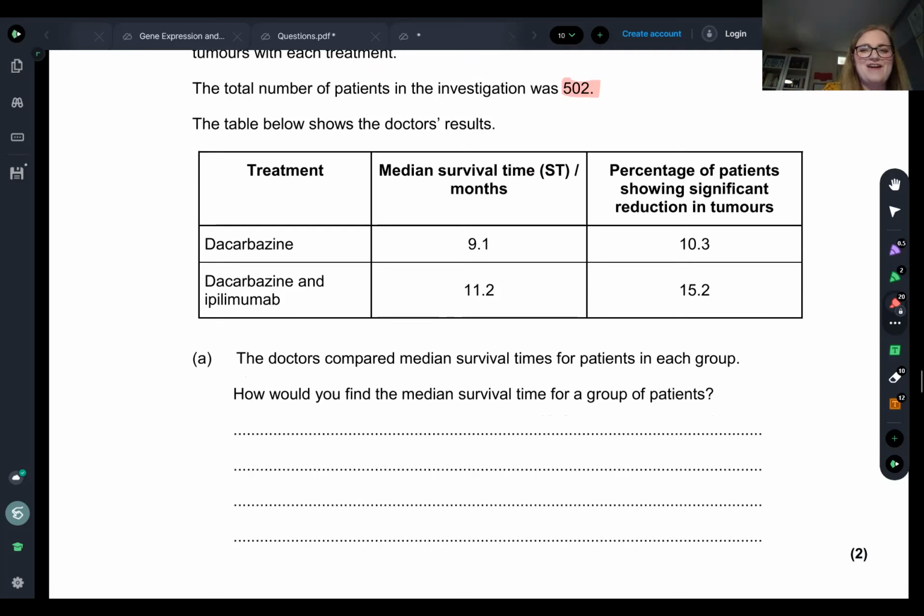How would you find the median survival time for a group of patients? It's a nice bit of maths here. We're going to rank all our survival times in ascending order, thinking back to basic maths here.